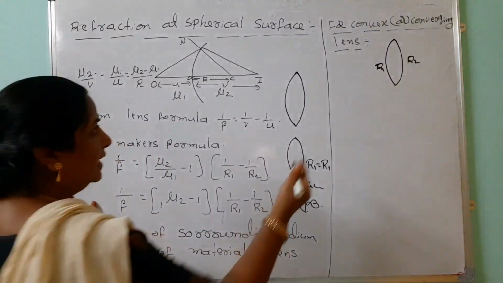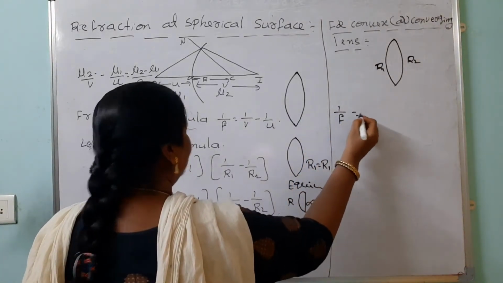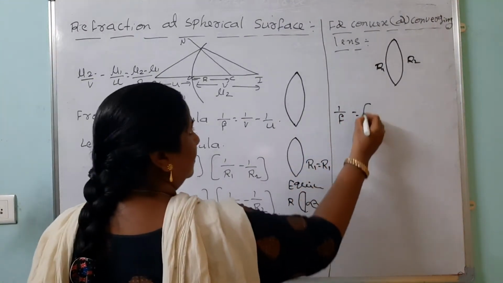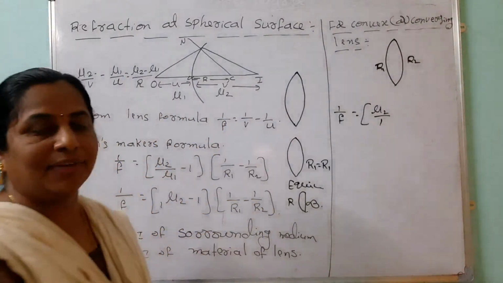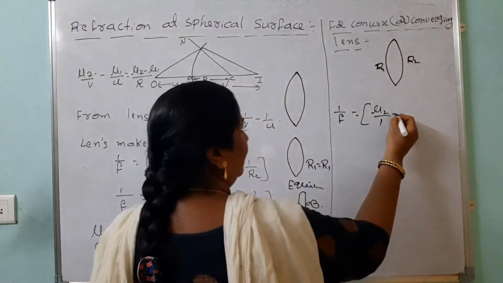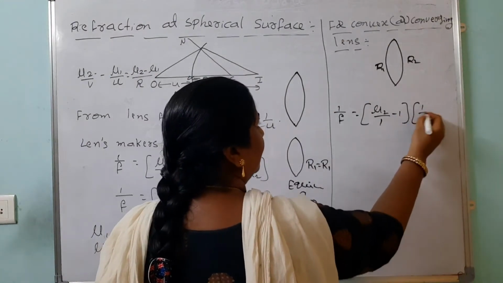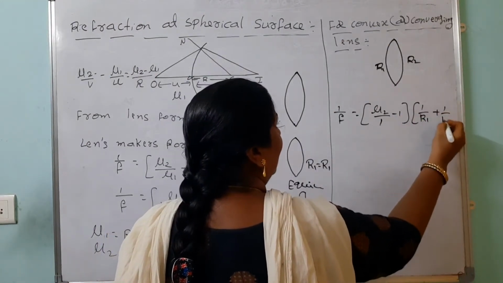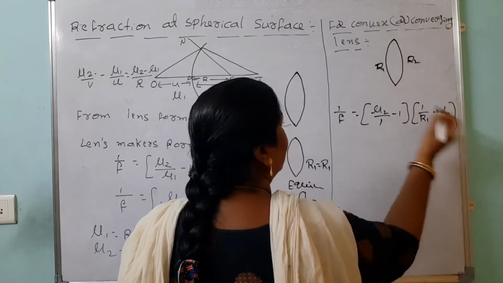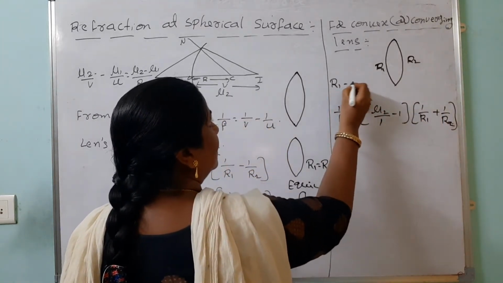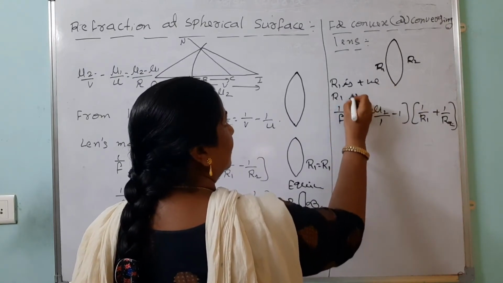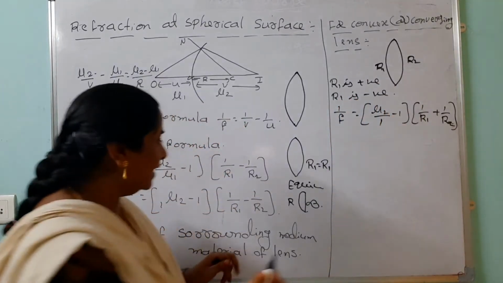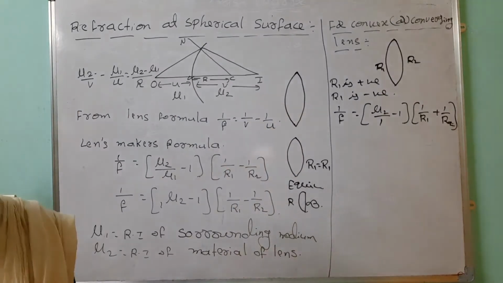At that time you should write 1 by f equals mu2 by 1, since the refractive index of air is 1, minus 1, into 1 by r1 plus 1 by r2. For a convex lens you remember that r1 is positive and r2 is negative. That's why minus into minus gives plus here.